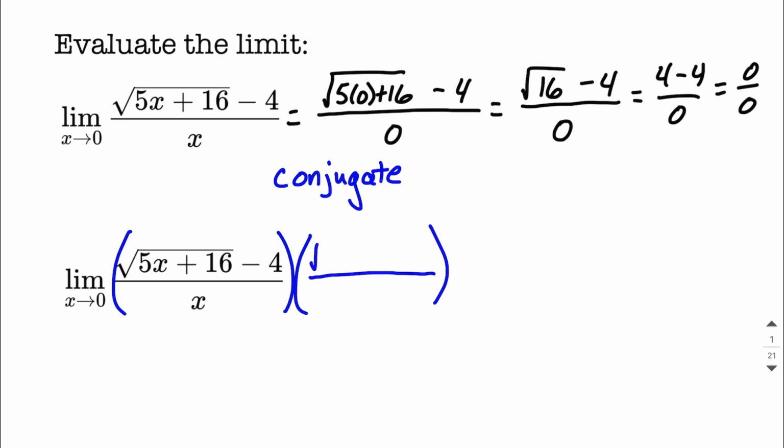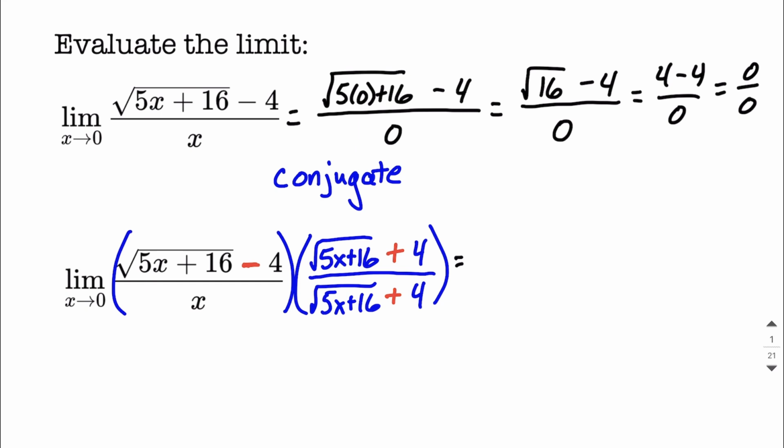The conjugate is going to be the same two terms, the square root of 5x plus 16, and the 4, and the same thing's going to happen with our denominator, because we're multiplying both numerator and denominator by the same thing. But the conjugate, because it's subtraction in the initial problem, is going to be an addition sign in between these two.